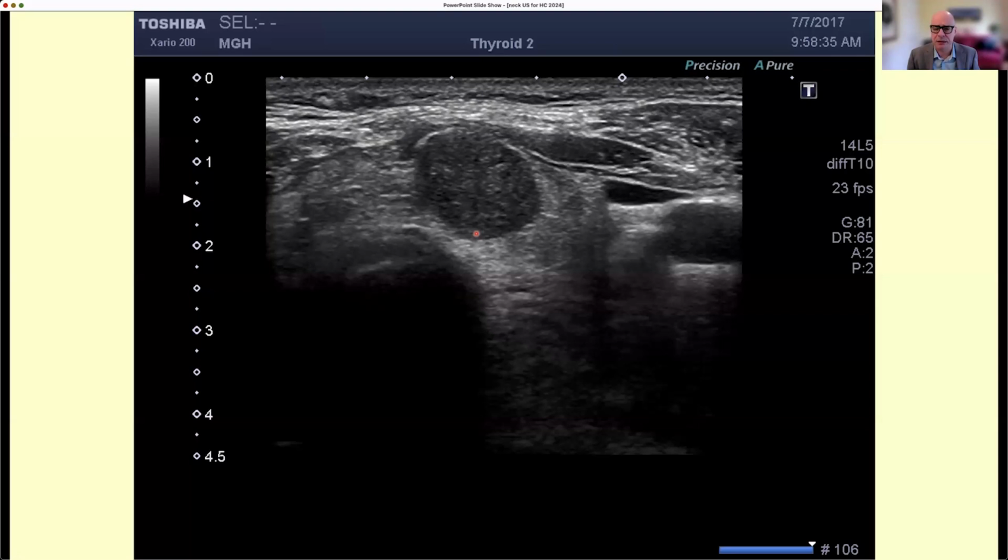I want to be clear. Any benign nodule can protrude from the capsule, but it tells you that if the nodule is malignant, it has a greater potential for harm because it doesn't have a long growth to make before it can invade extrathyroidal tissues. And so because of that, sometimes we use a lower size threshold to biopsy nodules that are in this position.